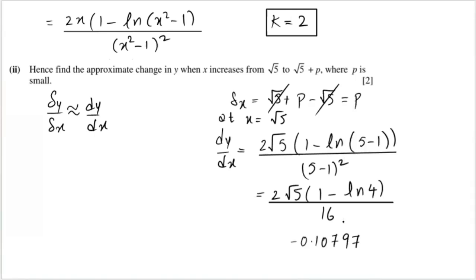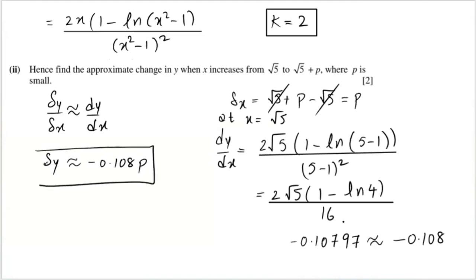So approximately, correct to 3 significant figures, I can write it negative 0.108. So this is going to be negative 0.108, and delta x, if you multiply, this will look like p, and that is the approximate change in y.